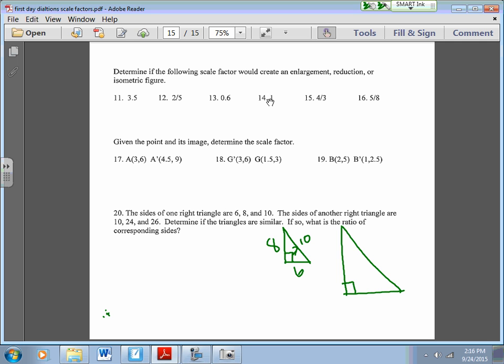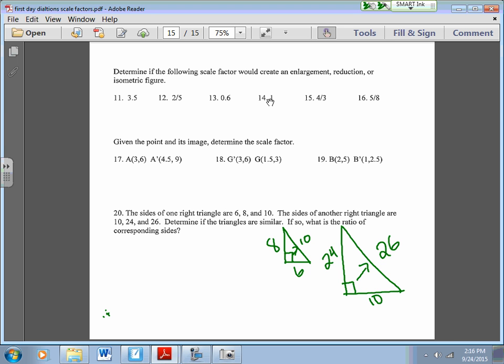You could do 6 and 8 right here then. And the reason I put 6 on the bottom is because that side looks smaller than the other side. What should I use over here on the bigger triangle? What number should be placed right here opposite that 90? 26, good. Over here then we need 24 and 10.